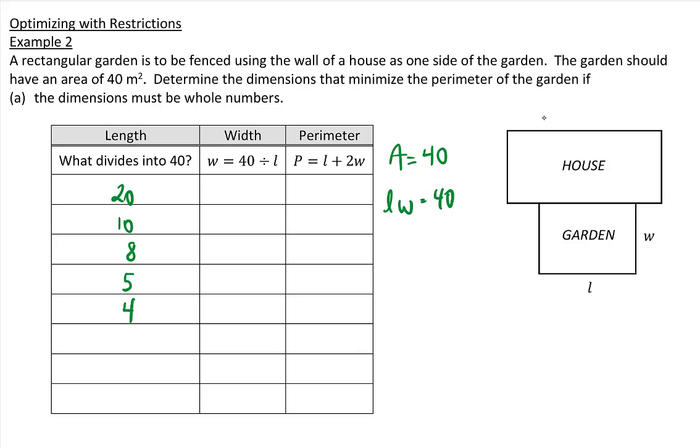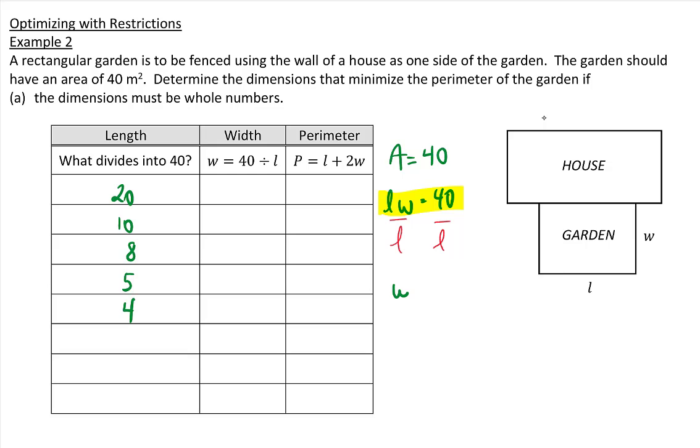The next thing to do is determine the width of these gardens. So if I chose the lengths 20, 10, 8, 5, and 4, to solve for the widths, I'm going to isolate by dividing both sides of the formula by L, the length.